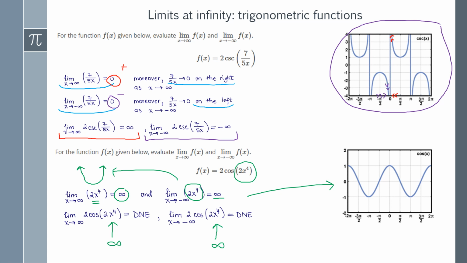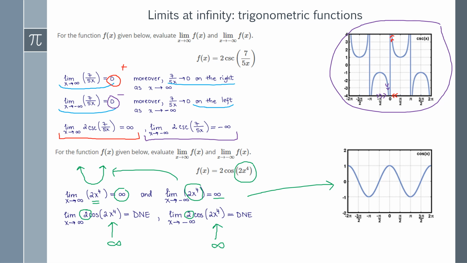It never approaches any fixed value. It just keeps bouncing up and down between -1 and 1. Well, in this case, because we have 2 over here, we're going to have oscillation between -2 and 2. However, we're not going to have a limit.